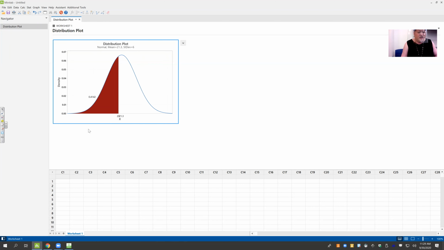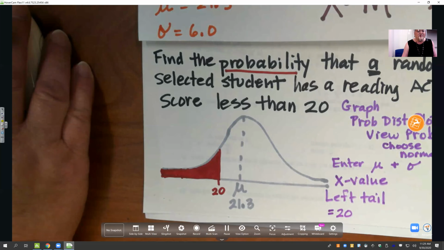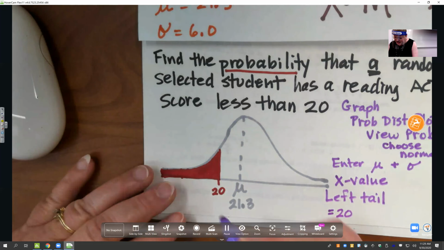Okay, so this red shaded region here, the probability is 0.4142. And you're typically asked to write it with 4 decimals.